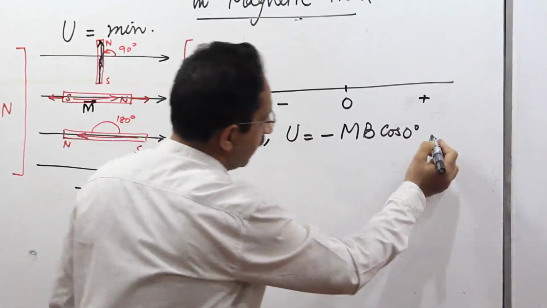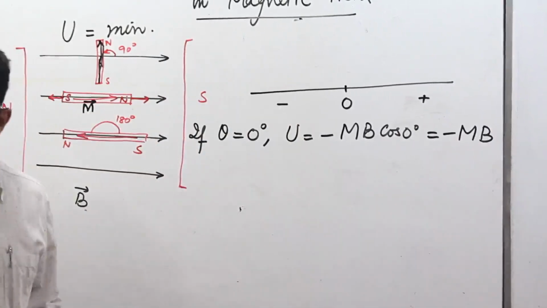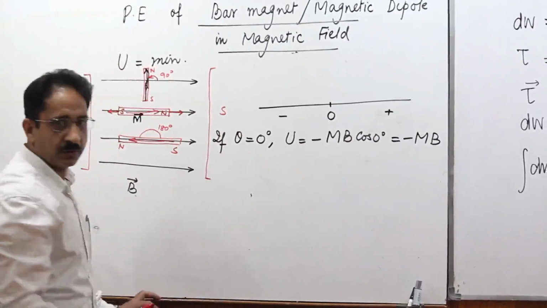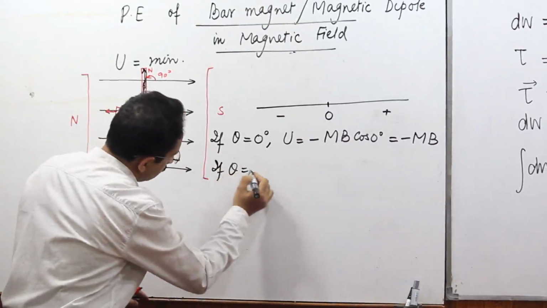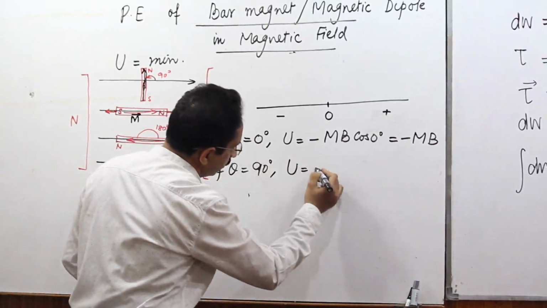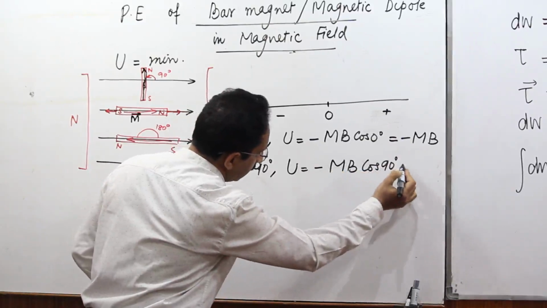So that way it will be minus mB. m is positive, B is positive, so this is a negative quantity which gives us its potential energy. Then if I say theta is equal to 90 degrees, see what happens. Now U becomes equal to minus mB into cos of 90 degrees, that is 0.